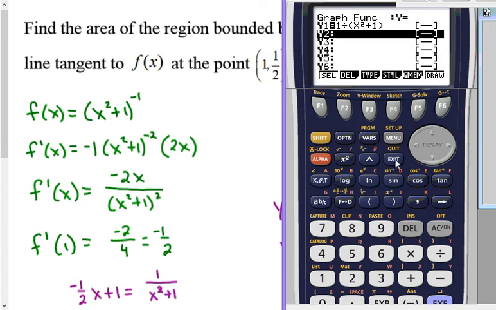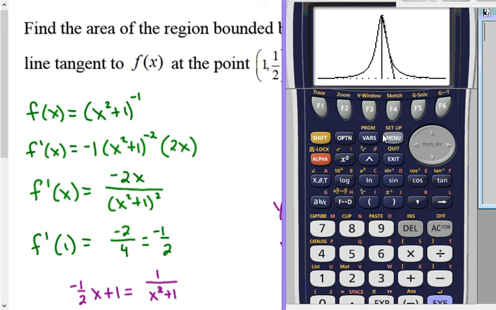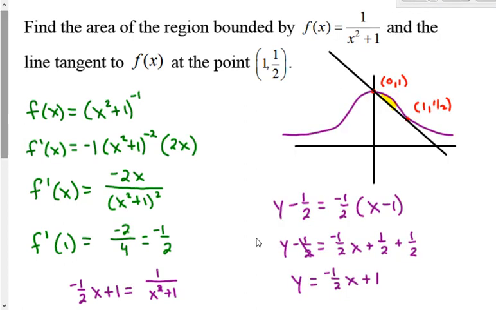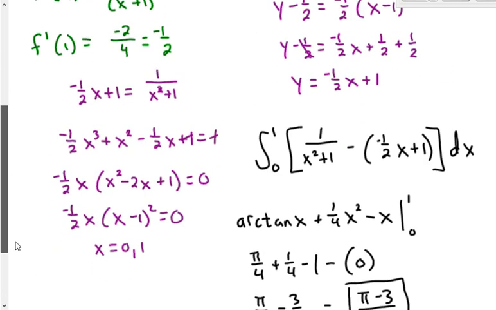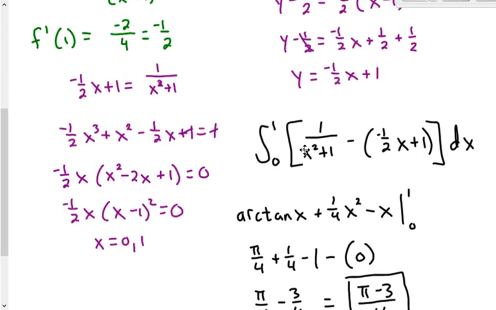So I'm going to come in here into y sub 2 and put in -0.5x plus 1. I'll graph that, hit G-solve, intersect. One of the intersections is when x is 0, and the other one is when x is 1. So just like we did, we integrated from 0 to 1. Then if I want to work it out on the calculator, I go back to the main menu.